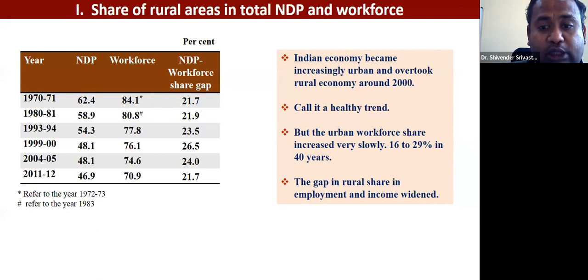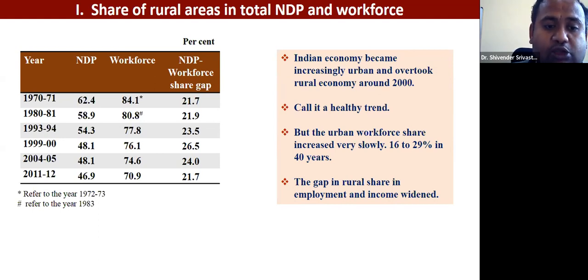It means only 16% of the workforce lived or worked in urban areas. Productivity of course was less, because 84% of the population produced only 62% of the NDP, so the urban areas were more productive.